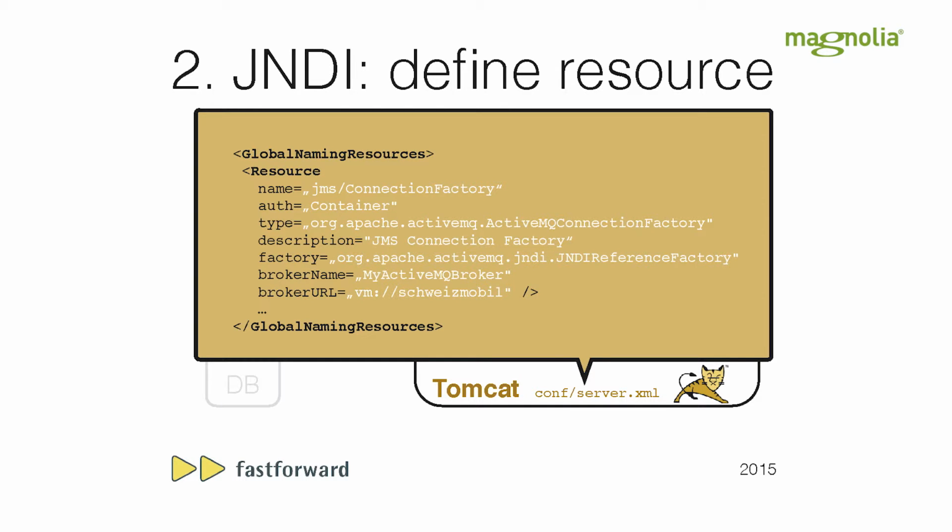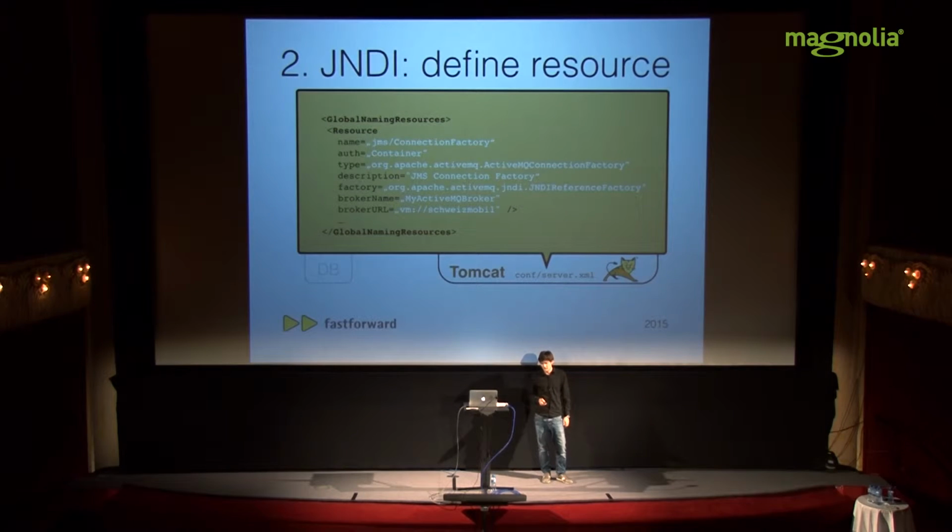As a next step, to instantiate our message queue classes, we use JNDI. As a first step, we had to define a resource in the server.xml, which contains information about the class we're using, for example, or the broker URL. In this case, everything runs within the JVM.